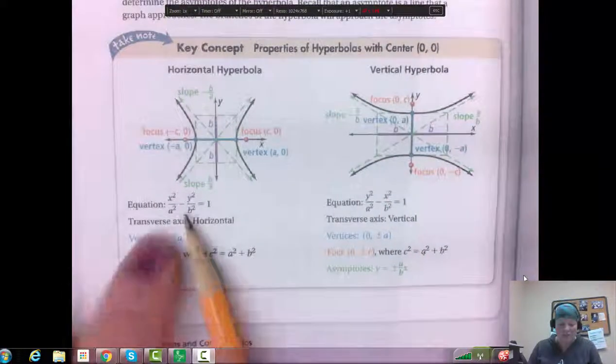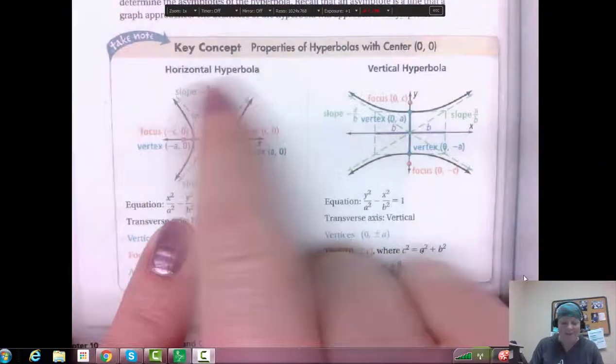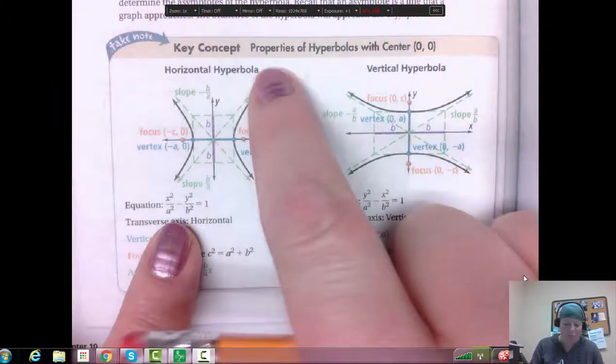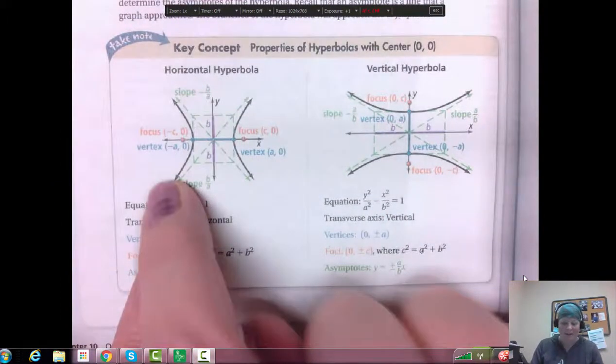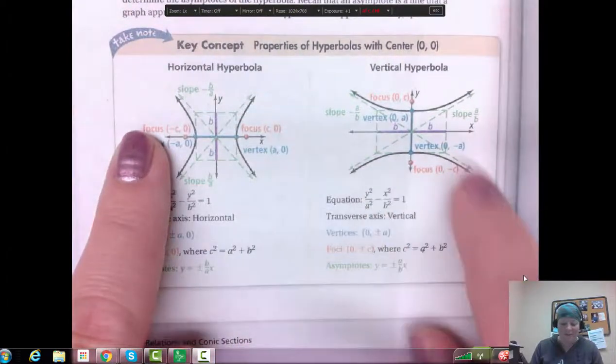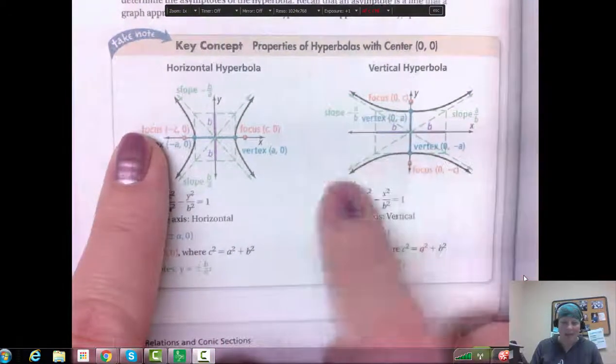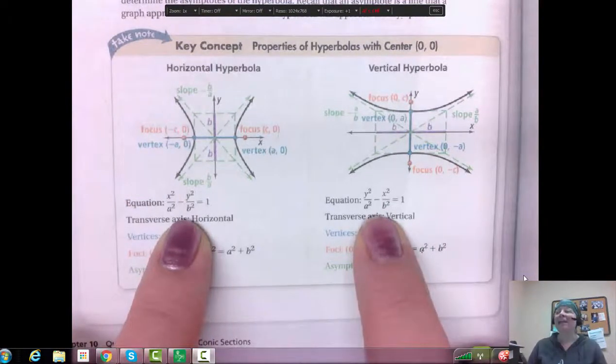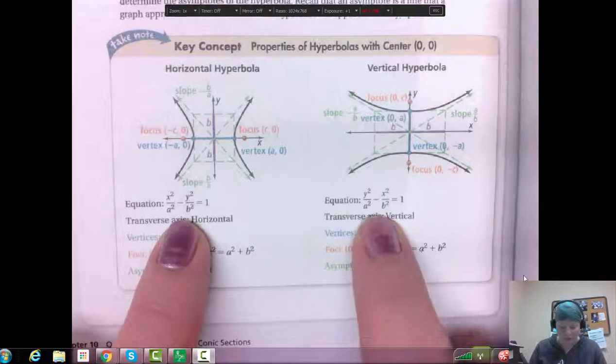So our main two formulas, here's our horizontal, here's our vertical. Horizontal means the hyperbola has the two pieces going out off the x, and for the vertical, the pieces are off of the y. The formulas are similar, but they have the minus sign in between, which makes them different from the ellipse or the circle.